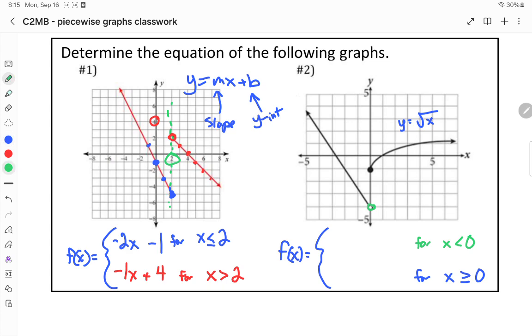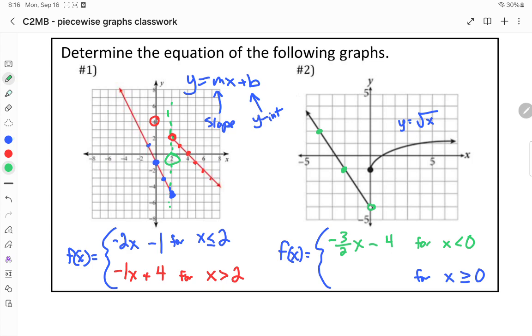Now back to this line. So I want to again do y equals mx plus b. So the slope of this line, it looks like the next point I can find is right here that hits on a nice even coordinate point, and then there's one here too. So that's going to give me a slope. Again, it's negative 3 over 2 because rise over run, and it's a negatively sloped line. Minus 4 because that's the y-intercept.